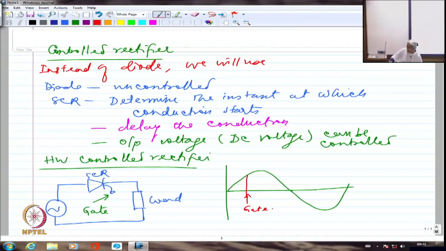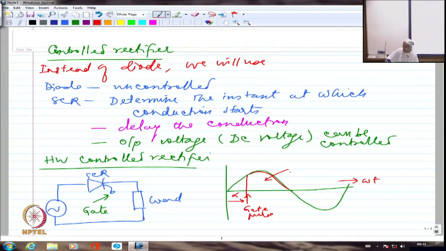So this is the gate pulse that I am giving at an angle alpha. This is omega t. At an angle alpha, I am essentially looking at this device being fired. So I am going to have this as the voltage, provided it is a resistive load.